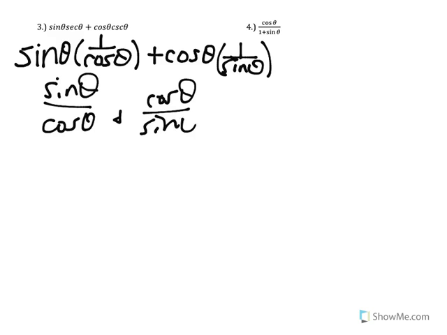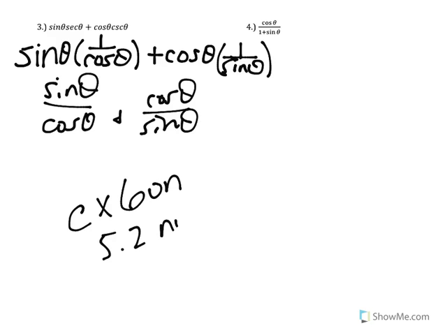Now, if you look at your 5.2 notes, and you can go back and look at that video, I believe it was example 6, the second step in example 6 on the 5.2 notes for the rest.